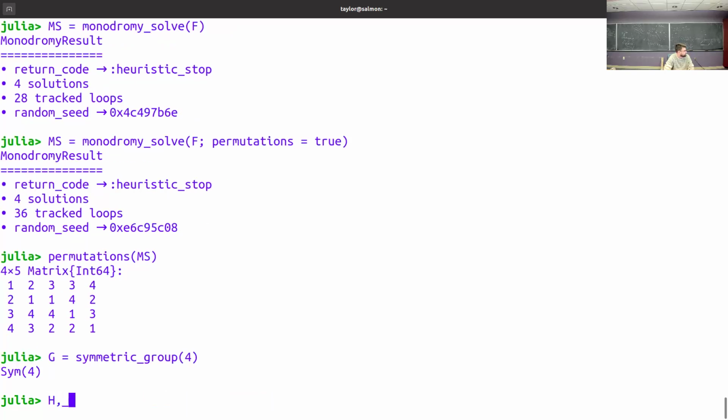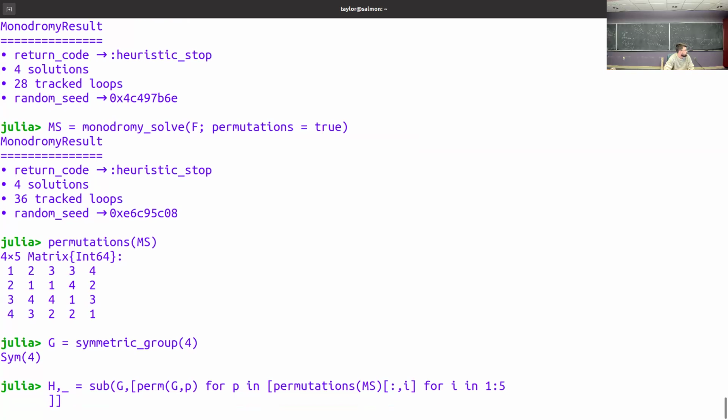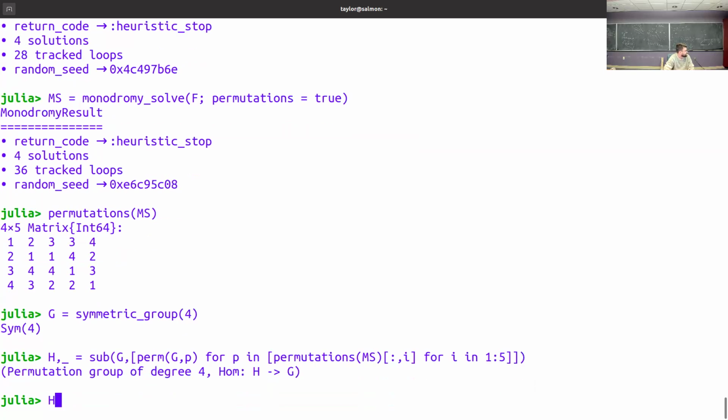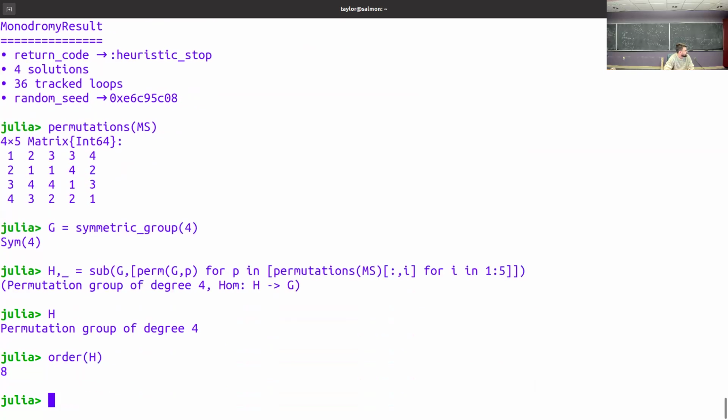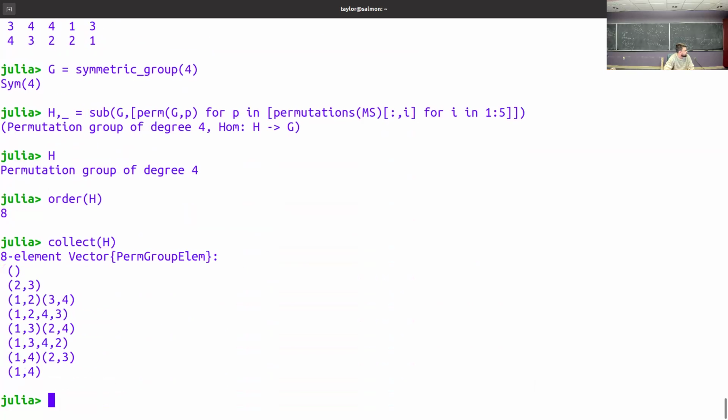Subgroup generated by the permutations. So order 8. There they are. D4.